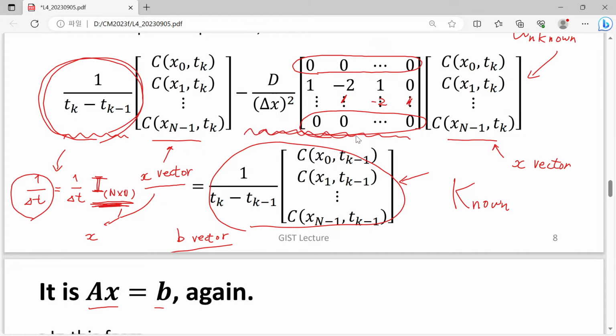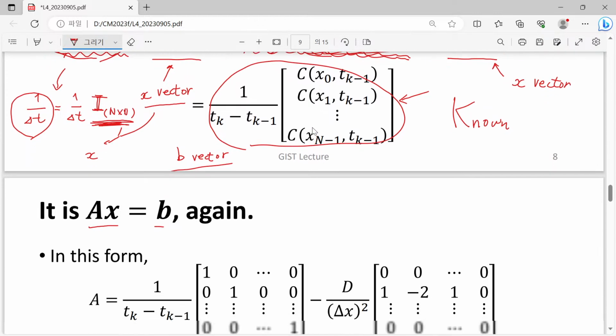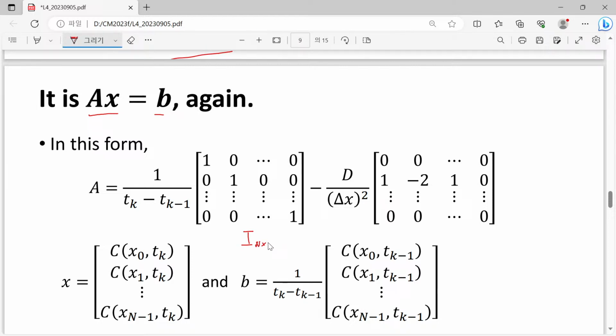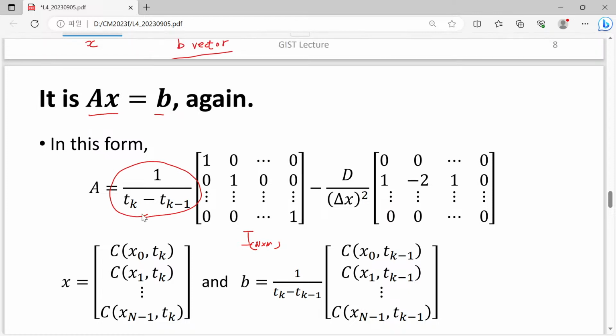So this multiplication of a scalar value can be regarded as just a scaled identity matrix. Here we have another matrix, and we have the full form. So now we understand our A matrix can be regarded as an identity matrix whose size is n by n, multiplied by 1 over delta t, plus a second term that is related with the real space derivative. When you look at the matrix A, you can find two physical effects.